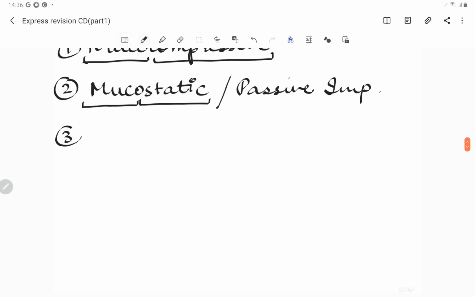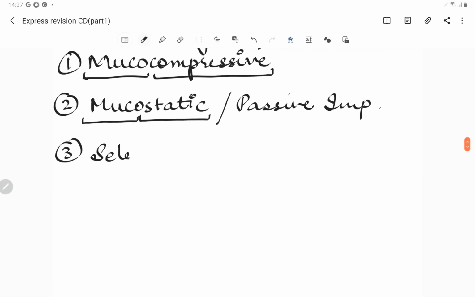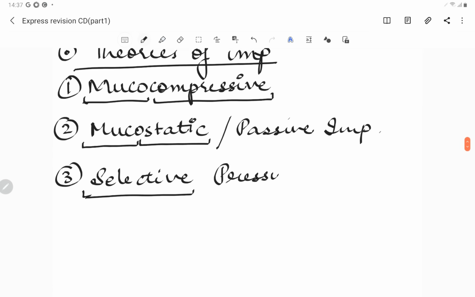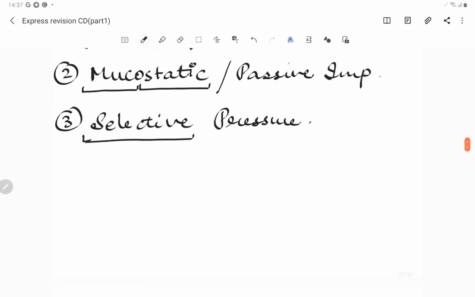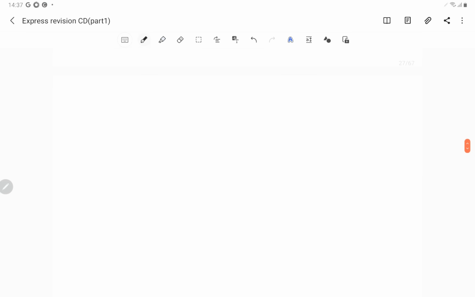The third one we have is the selective pressure technique or selective pressure theory. Selective pressure, as the name suggests, selectively we are putting pressure. So pressure in the stress bearing areas and relief in the relief areas.